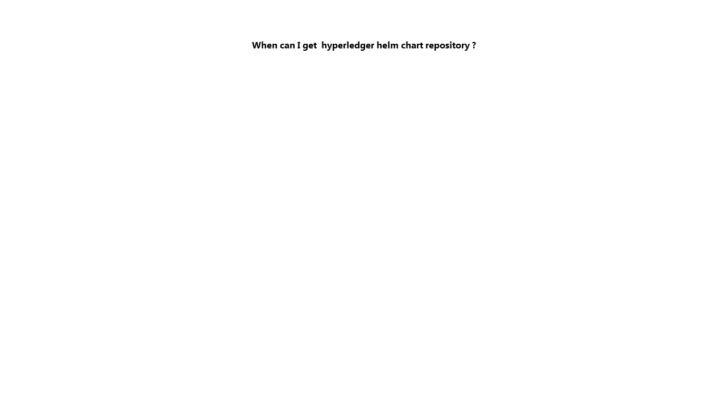The next question is, when can I get the Helm Chart repository? So actually, our Helm Charts are all published on open source repositories. One of these repositories is the official Helm/Charts repository, maintained by the Helm Foundation, which is closely affiliated with Kubernetes.